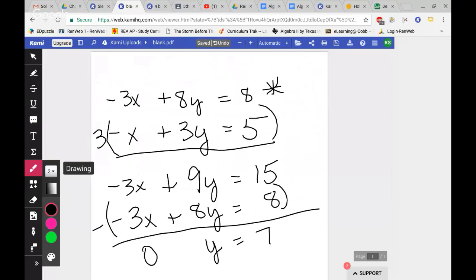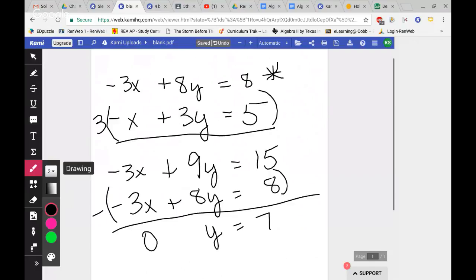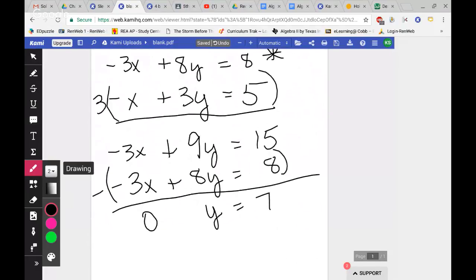Good job. So now the value of y is 7. So I can plug that back into either one of the equations, and I'm just going to pick the bottom one. So negative x plus 3 times, what's the value of y? 7, equals 5.